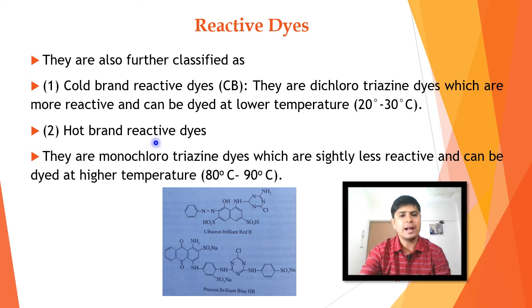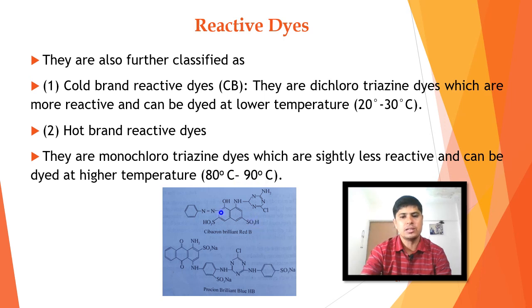Hot brand reactive dyes are monochlorotriazine dyes, which are slightly less reactive as compared to cold brand reactive dyes, and they are dyed at higher temperature, that is 80 to 90 degrees Celsius.